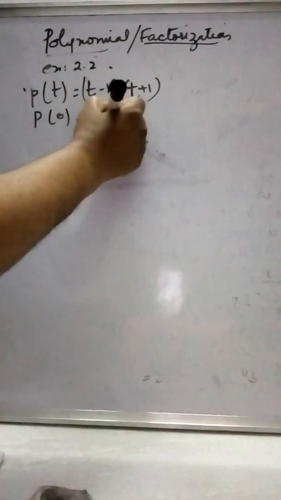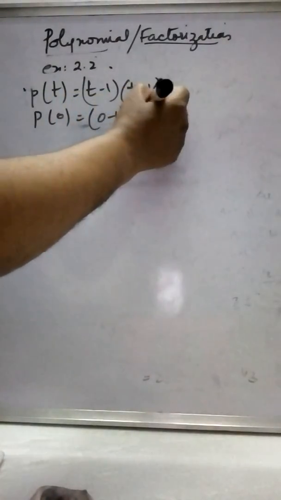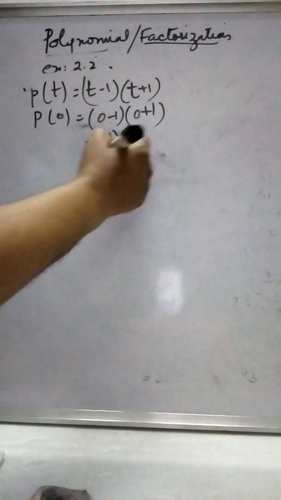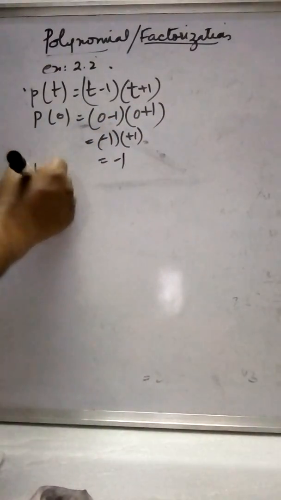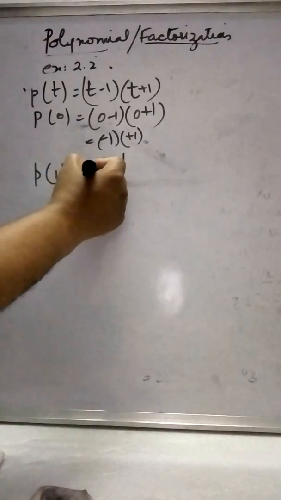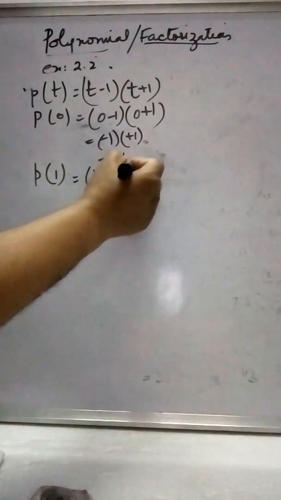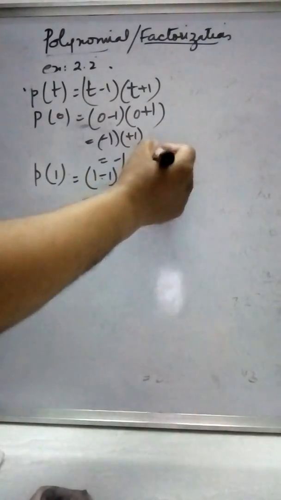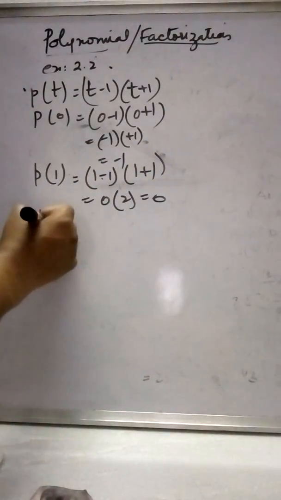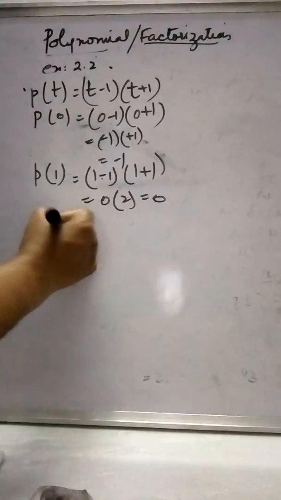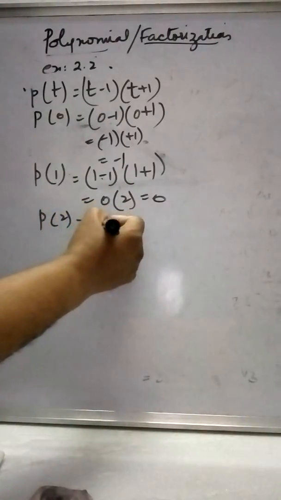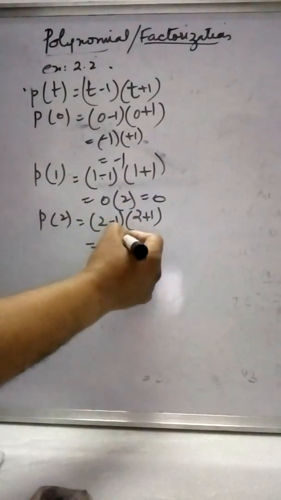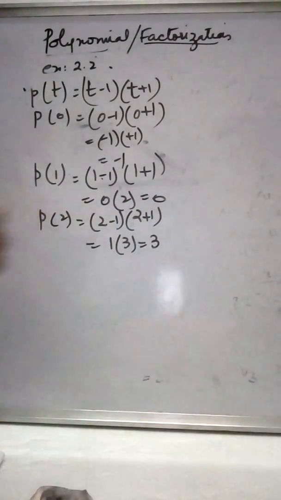That is 0 minus 1 into 0 plus 1, that is minus 1 into plus 1, which is equals to minus 1. So P of 1, that is 1 minus 1 into 1 plus 1. 1 minus 1 is 0 into 2, which is equals to 0. P of 2, that is 2 minus 1 into 2 plus 1, that is 1 into 3, which is equals to 3.